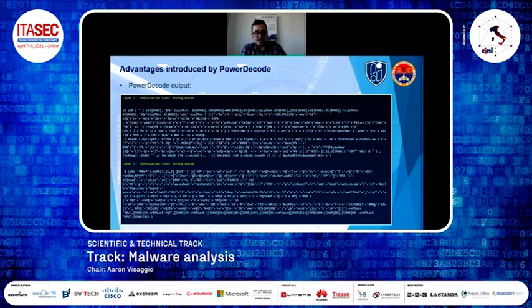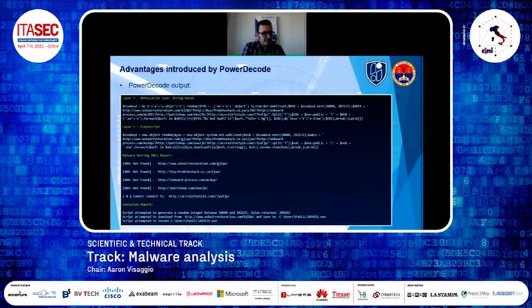Instead, for the same case, PowerDecode was able to solve all obfuscation layers. We can see that it covered layers 2 and 3, then layer 4, and finally in layer 5, you can see the plain script. So it performs a malware analysis, and all URLs were extracted.